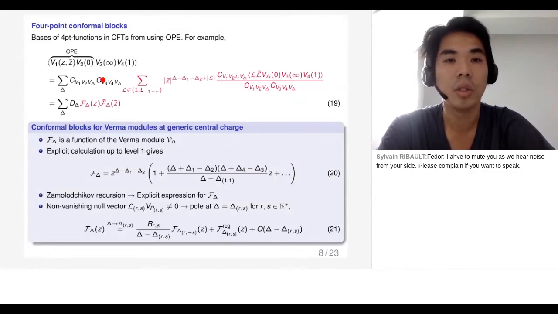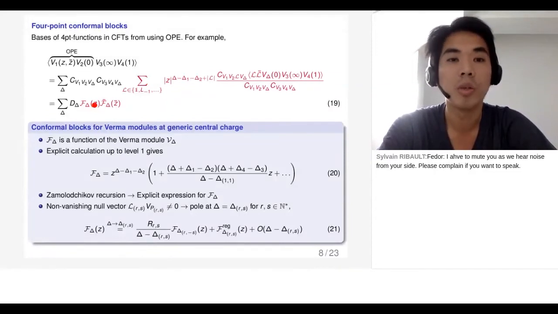And the coefficients here are, again, the 3-point function coefficients, which are not fixed by conformal symmetries. However, the red term here is completely fixed by conformal symmetry. So they are the solutions to the Ward identities. And this is what we define as the conformal blocks, F delta times F bar delta here. So the left and right moving parts here actually factorize.